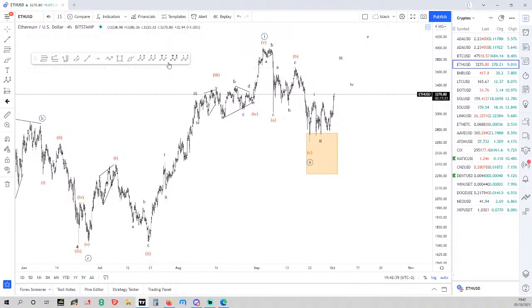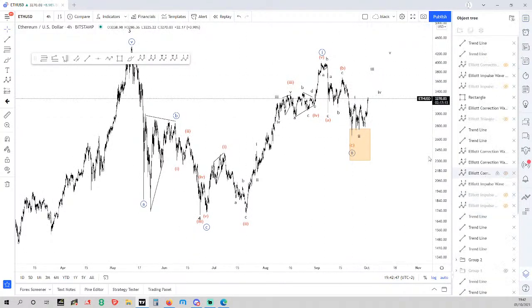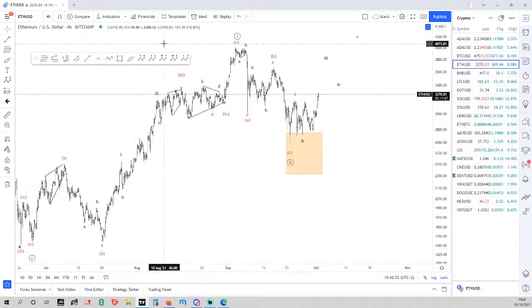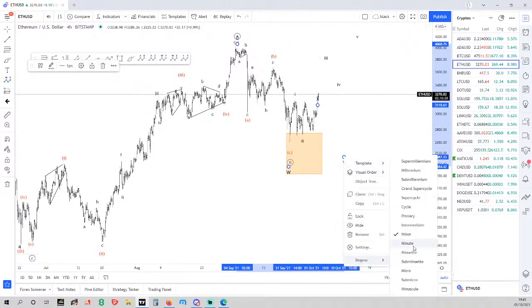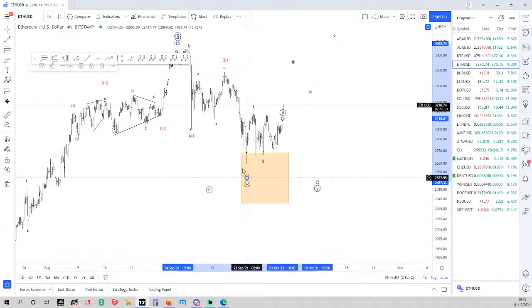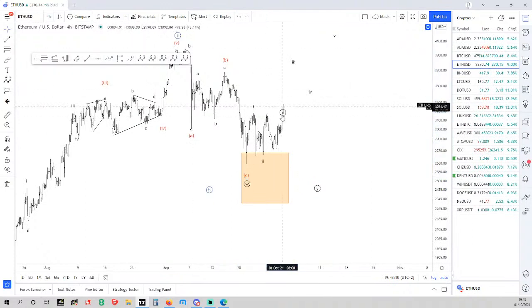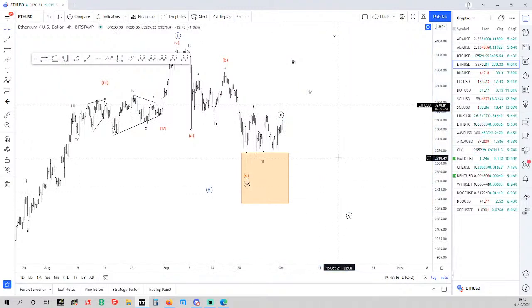So at first, I thought we could have had some kind of double correction here. So ABC, something like W. Let me see if I can hide some of these. No, I can't. Well, so ABC into wave W. Then, until a few hours ago, this could have been wave X, and then we could have gone lower for wave Y. That was also a possibility.